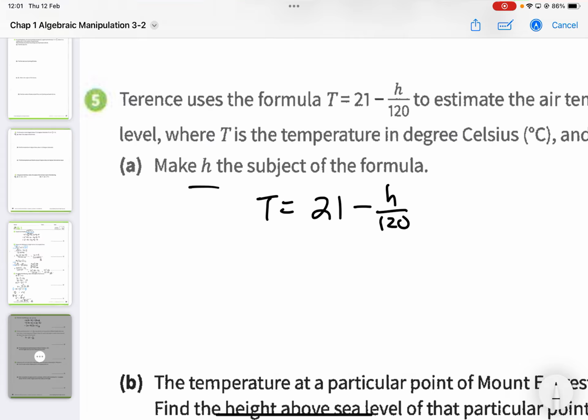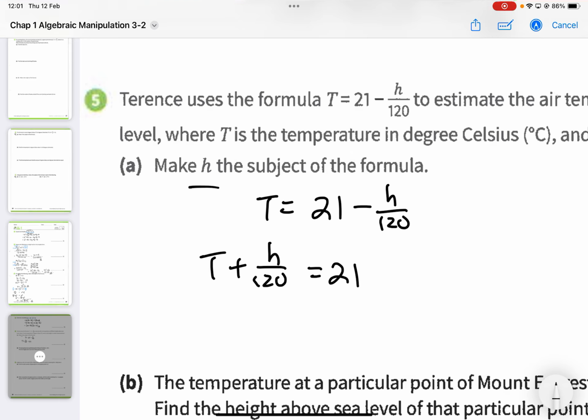First, I want to isolate this whole term with h. So I will bring this term across to the left, so it becomes T plus h over 120 equals 21.